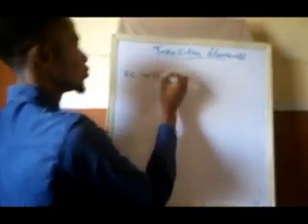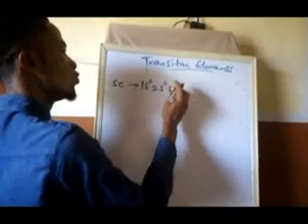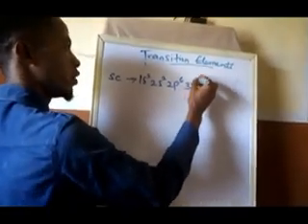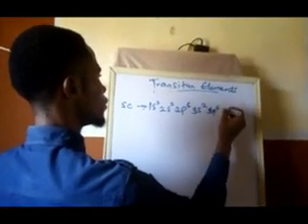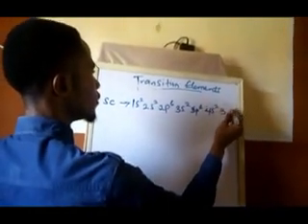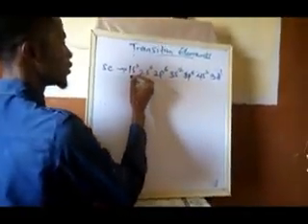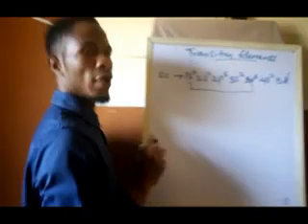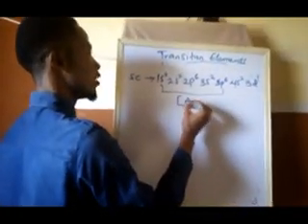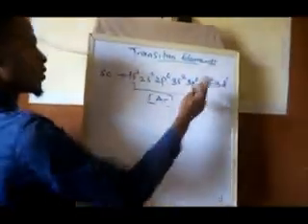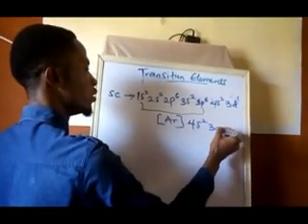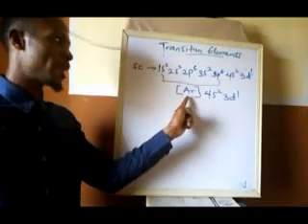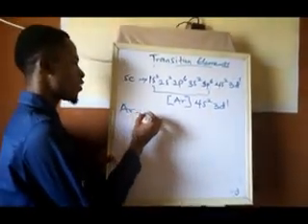In continuation of our electronic configuration, I have my scandium to be 1s2, 2s2, 2p6, 3s2, 3p6, 4s2, and 3d1. These can be written as Ar, so that we have 4s2, 3d1 left. How do I get my Ar? Ar is a short form for argon.